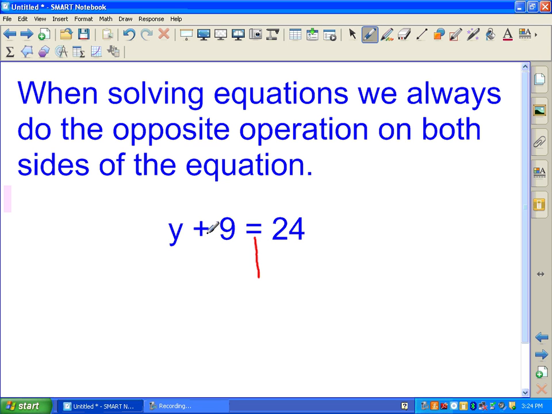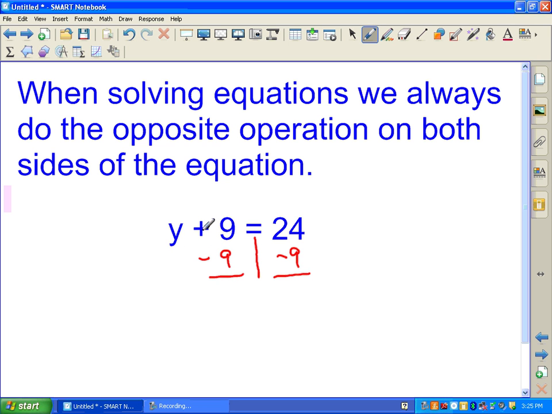And so if I had this one, I could say, okay, well, it's y plus 9, so that means I have to subtract 9. But, again, whatever I do over here, I have to do on this side. And so I'm going to subtract 9 on this side as well. The reason I do that is because 9 minus 9 is 0.